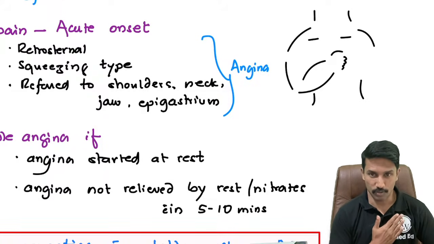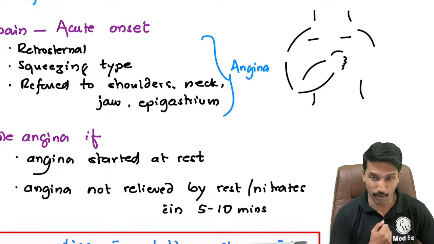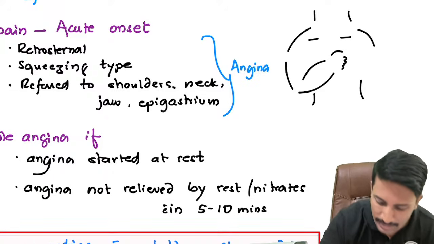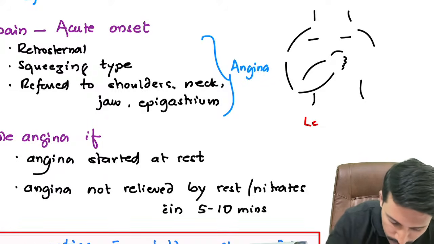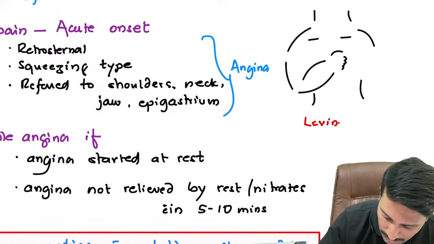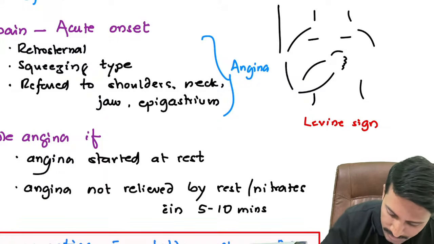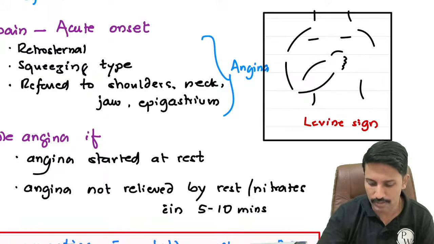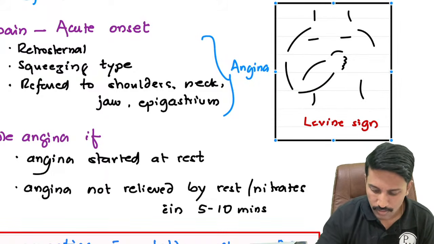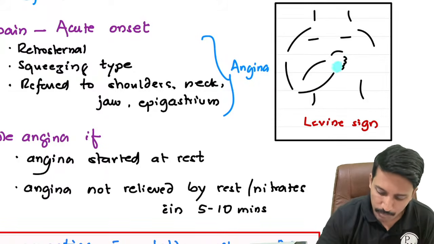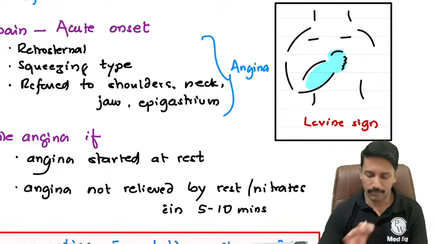So this finding that they are holding their palm or clenched fist on the chest is called Levine sign. If you can draw this small sketch, it's good. It's an additional point for you for the exam. What is Levine sign? Patient holding clenched fist on the chest is called Levine sign.